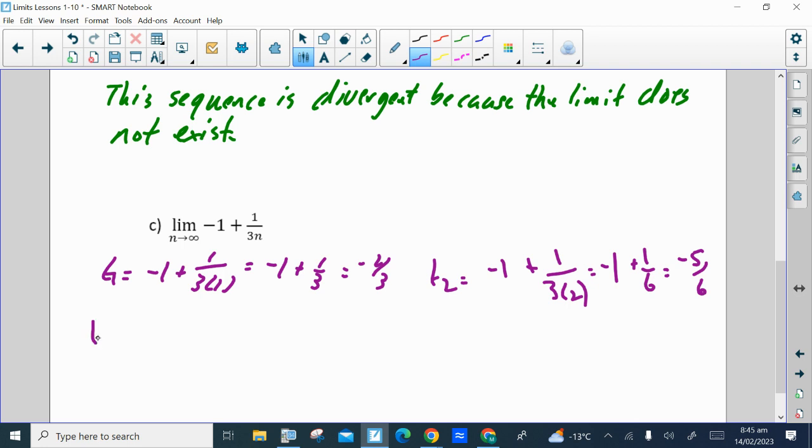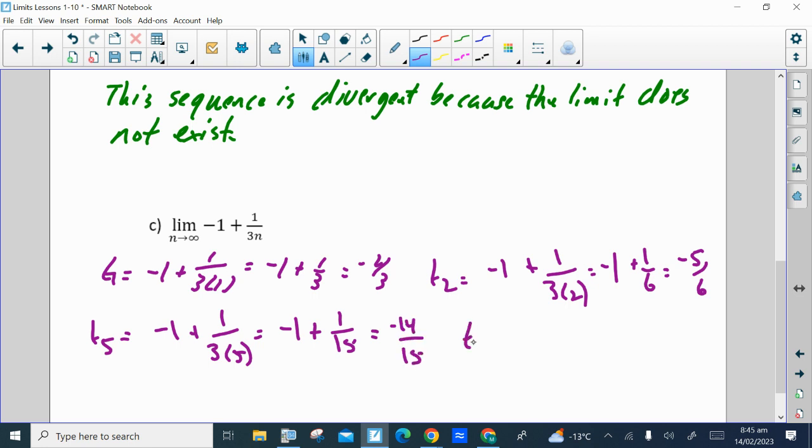If we found the fifth term, negative 1 plus 1 over 3 times 5. So that's negative 1 plus 1/15. Negative 1 would be negative 15 on 15, plus 1 would be negative 14 on 15.